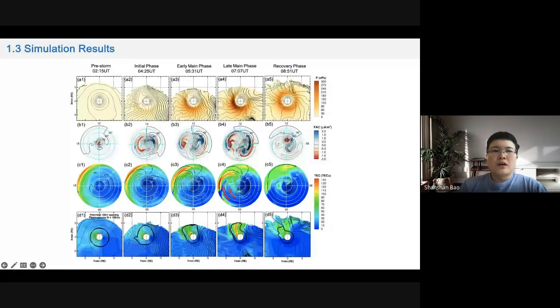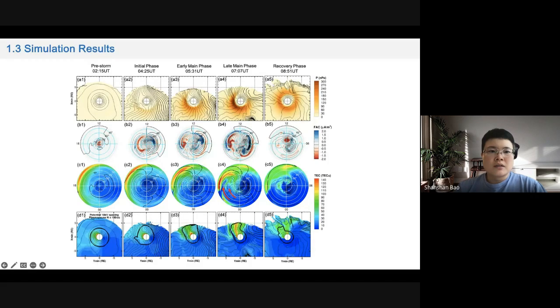Here I categorize each variable at different stages of the storm. At pre-storm, you can see the potential is dominated by the corotation, so that's why you see this circular shape of the potential contour.